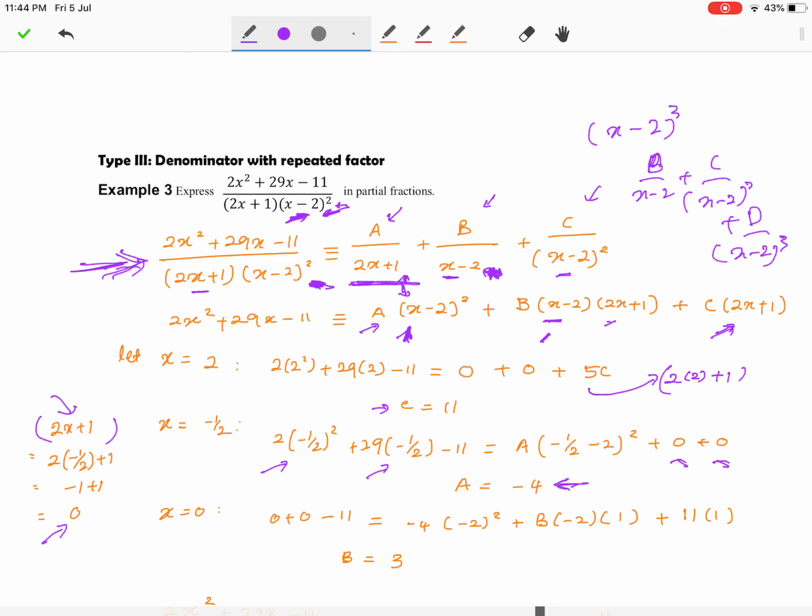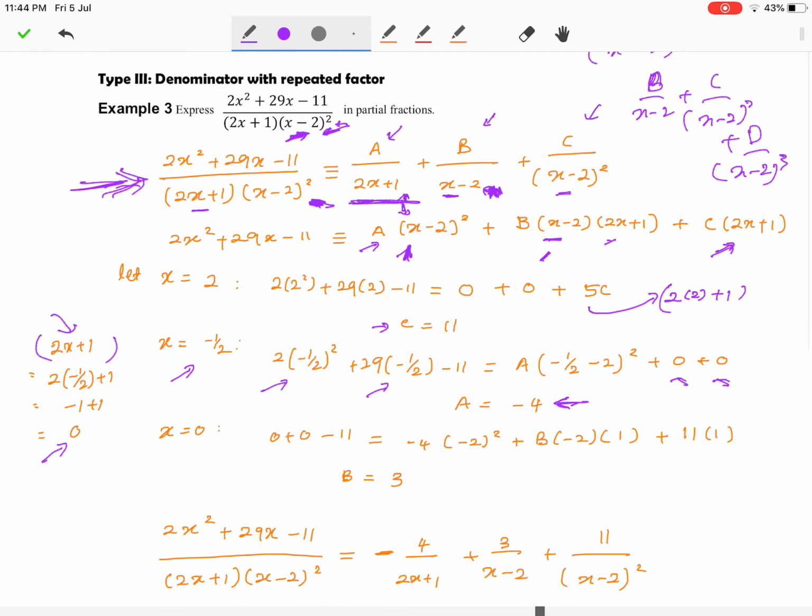Next, I don't know what to substitute after I have substituted these values. The best guess of x that we normally do is x equal to 0 or 1, because it's easy.